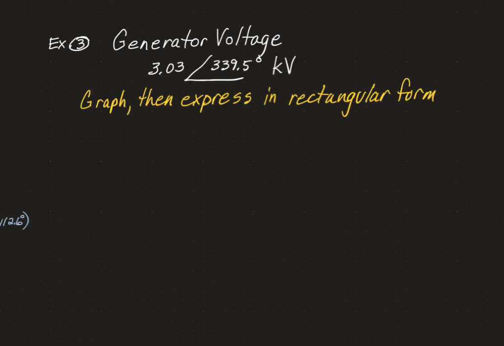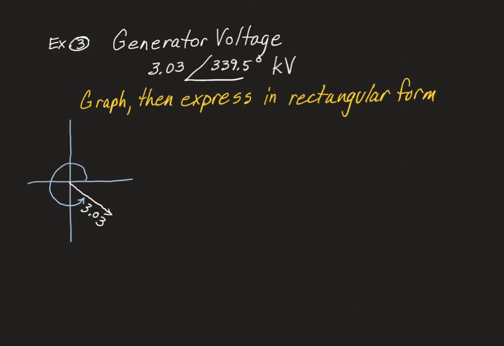So we need a Cartesian axis. 339 degrees will put us somewhere around here, and we can express our complex number then as having a radius of 3.03. Okay, so we have it graphed, but let's change it into rectangular form.